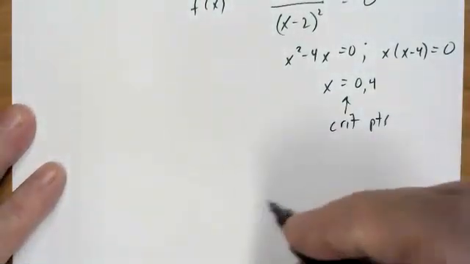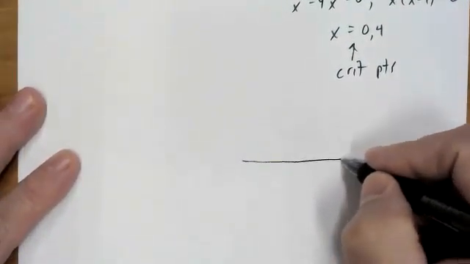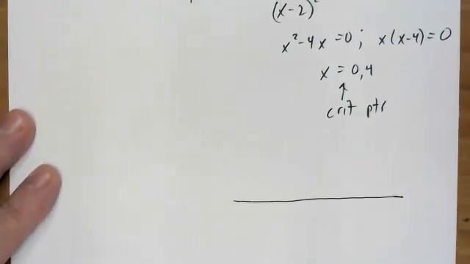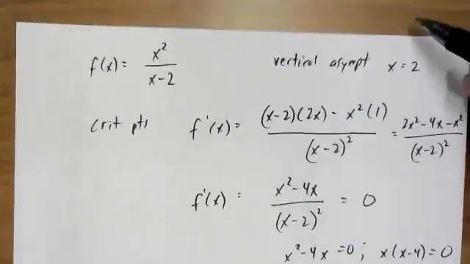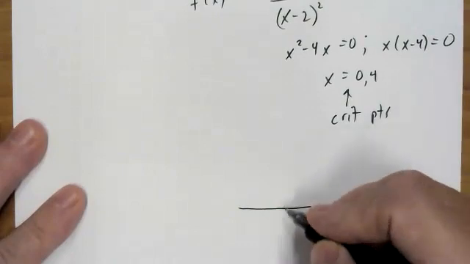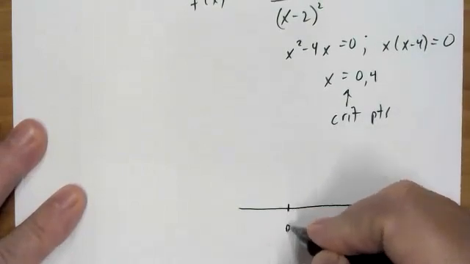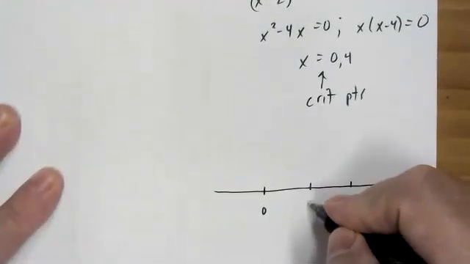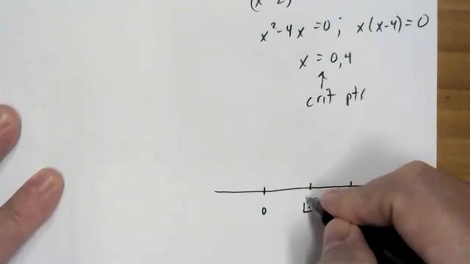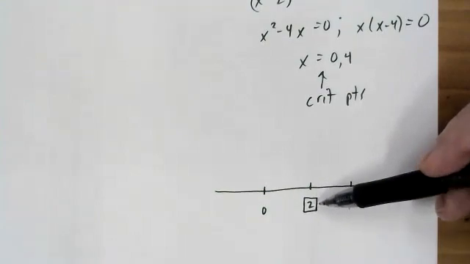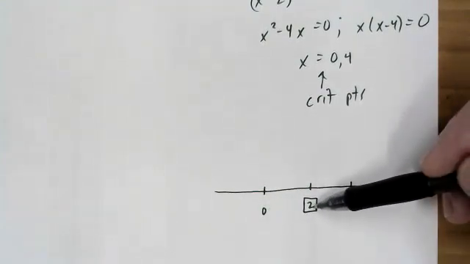So now I go, and when I do my little chart or my graph, I have to include both vertical asymptotes and the critical points. So it looks like a critical point is 0 and 4. And then the vertical asymptote was 2. And once again, here you see why I put the little square around my vertical asymptote. So I know that these are critical points and this is a vertical asymptote.